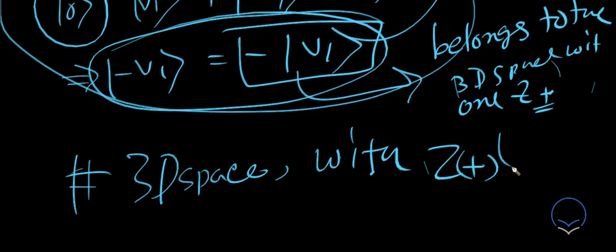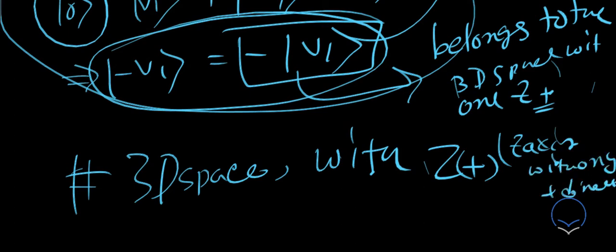So that is the z-axis with only plus direction or positive direction, does not form a vector space.